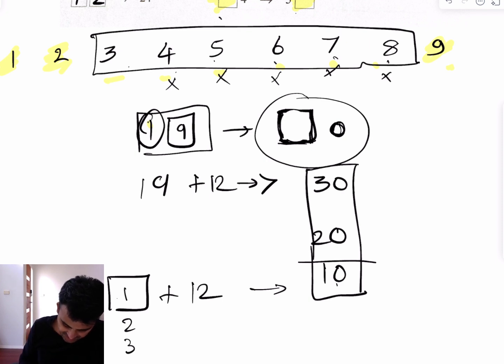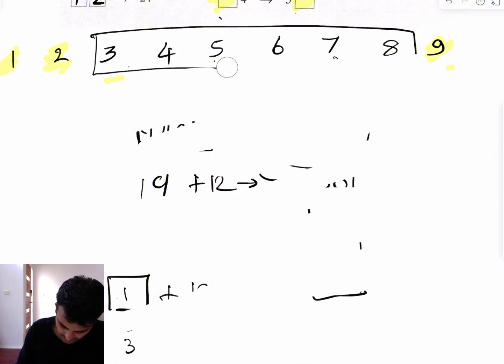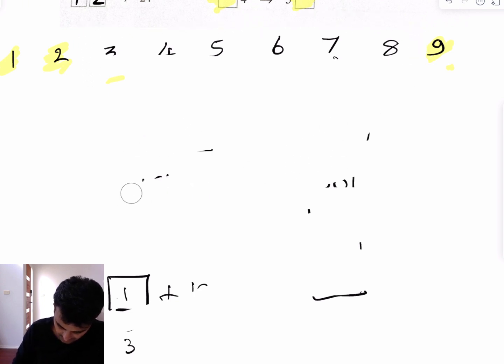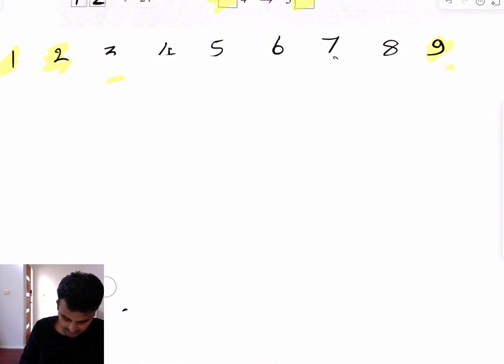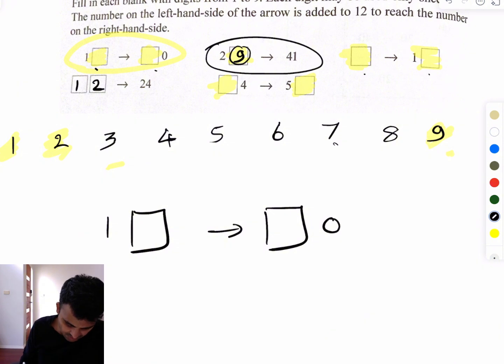Now let's clean this up a bit so that we have our board ready again. This is 3, this is 4, this is 5, this is 6, this is 7. So box plus 12 equals box 0. This is the problem from here. So this can be either 2 or this can be 3.